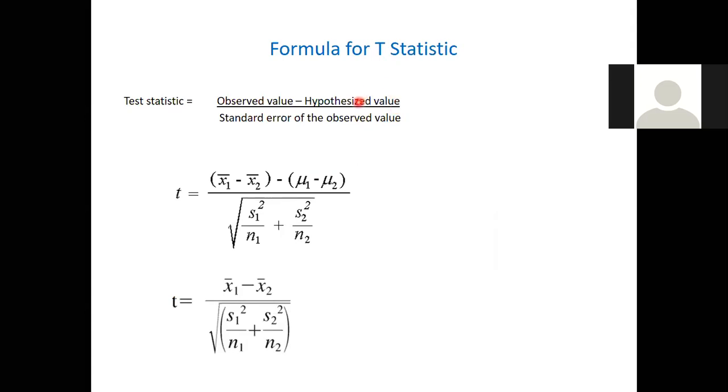And it means the expected value when the null hypothesis is true. That's why the words expected and hypothesized are the same. The null hypothesis is true when you say there's no difference between the two groups.